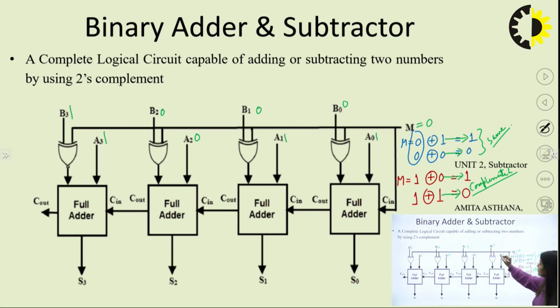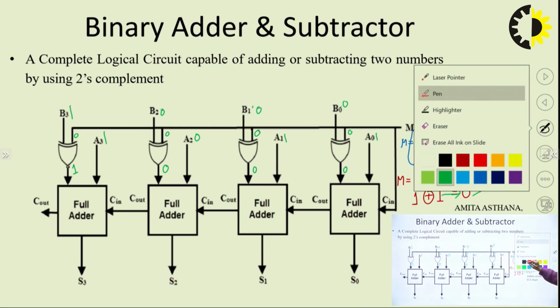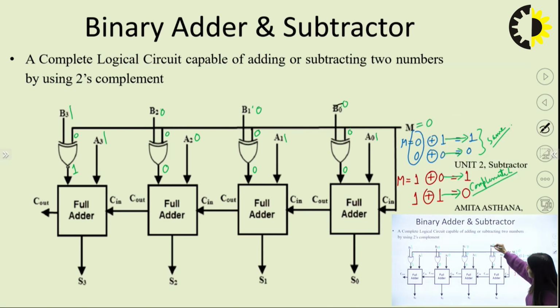So this will be 0 here, this will be 0 here, this will be 0 here, this will be 0. 0 XOR 0 will be 0. 0 XOR 0 will be 0. 0 XOR 0 will be 0. 0 XOR 1 will be 1. So monitor very closely. This bit is being propagated as the same.